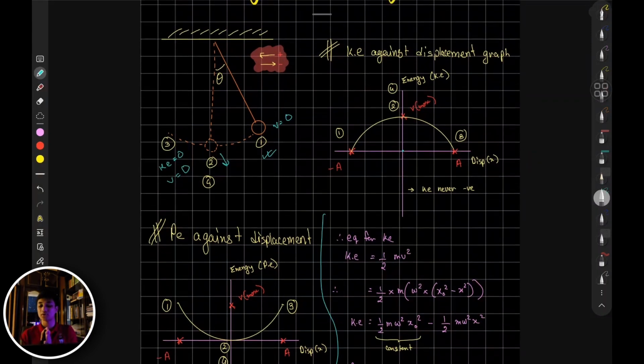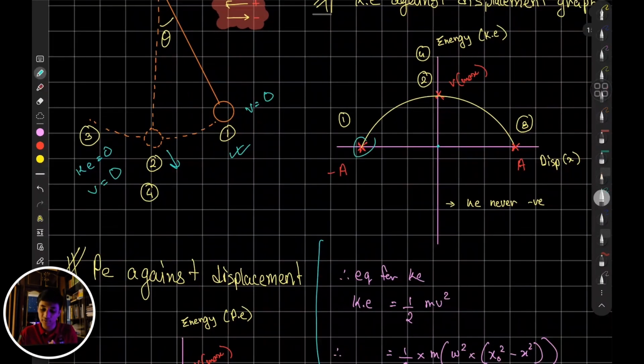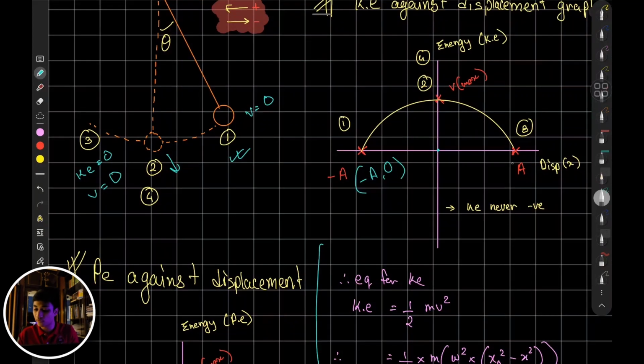The only thing you need to understand is the kinetic energy graph looks something like this. And the 3 specific coordinates that you need to know: over here, it is minus a, 0. Over here, it is positive a, 0.